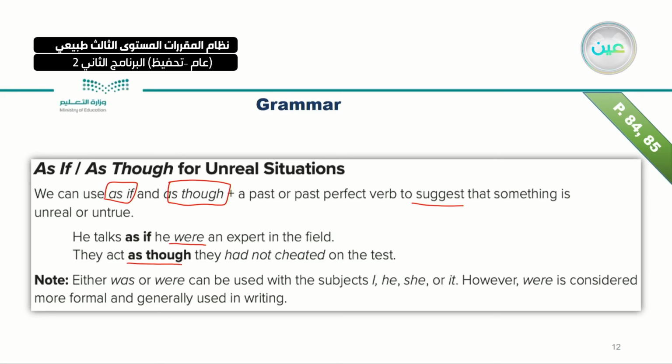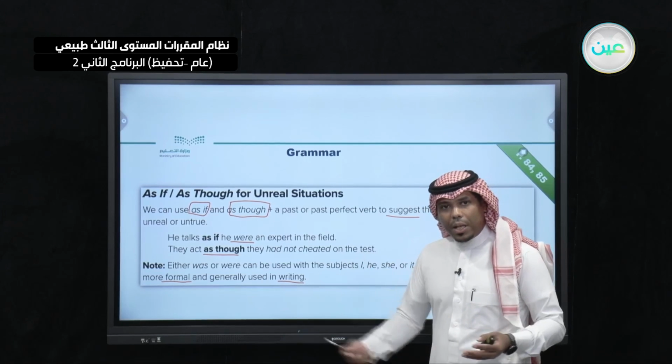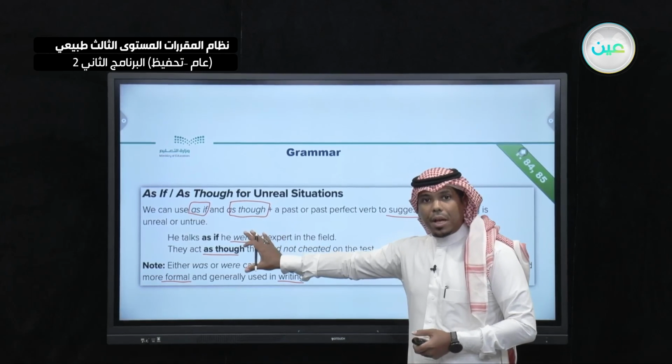Of course, either was or were can be used with the subject I, he, she, or it. However, were is considered more formal and is generally used in writing. So formally and in writing we would use were, not was.